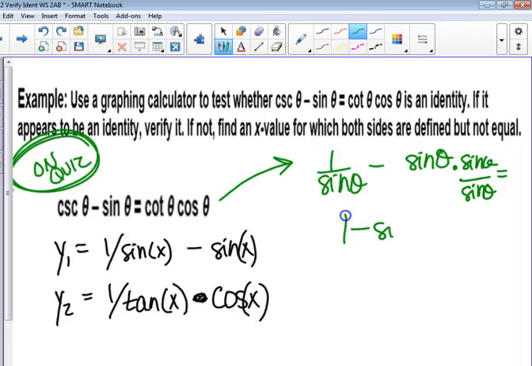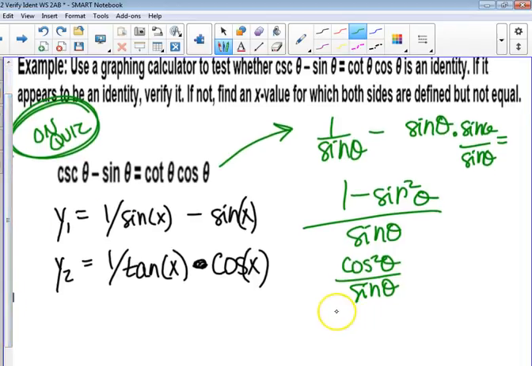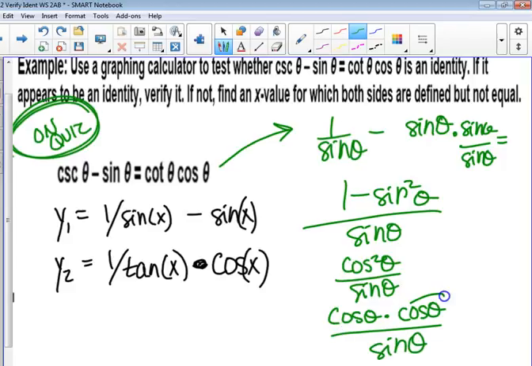So you get 1 minus sine squared all over sine, which is, what is 1 minus sine squared? Then this is really just cosine times cosine, right? And it's all over a sine. Well, one of those is a cotangent, yes. There's a cosine left.